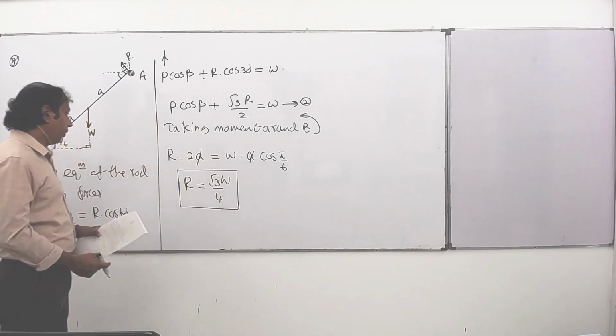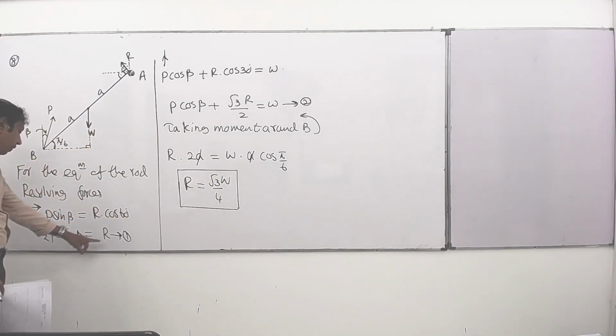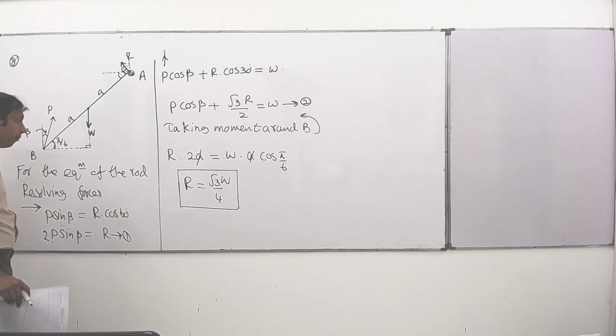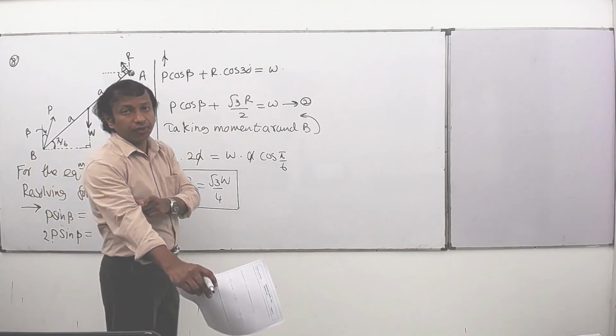Now, this R we can substitute, and then you can find P. That R and P both we substitute in number 2. Then we get the answer for tan beta.